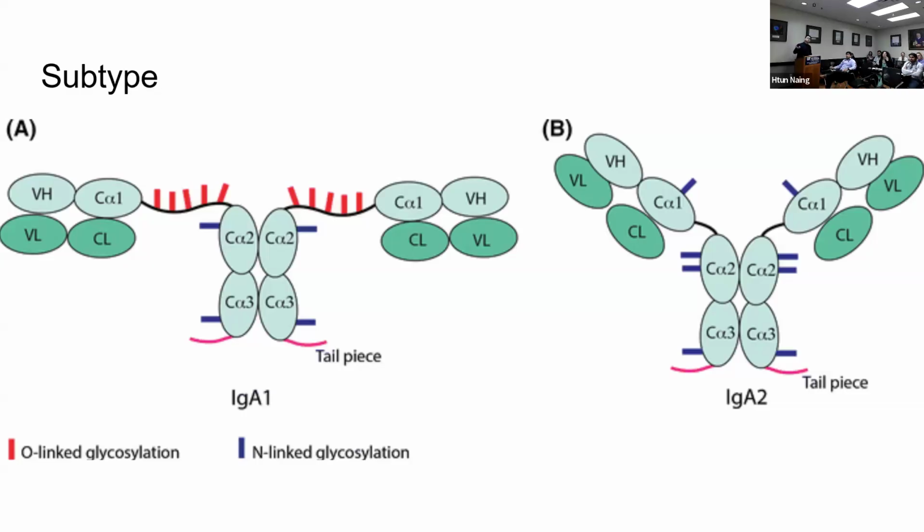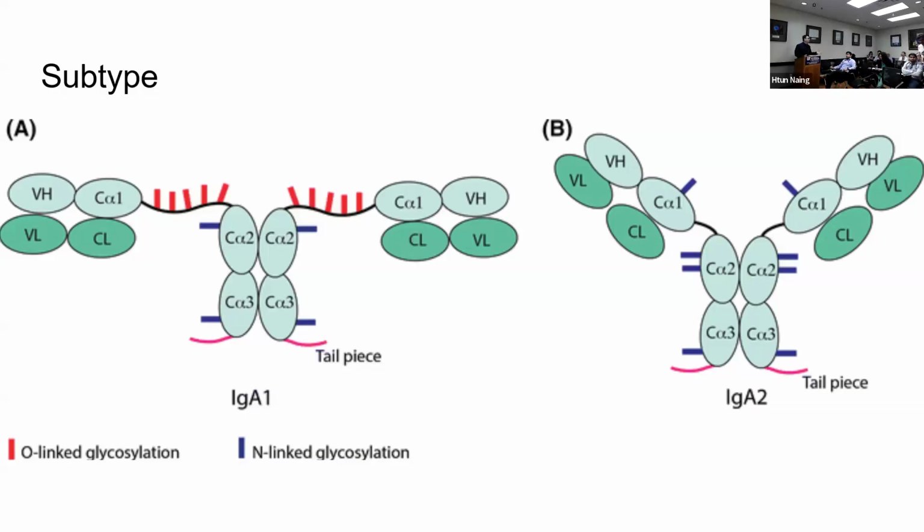Since it's more flexible, it's easy to catch more antigen, and then it stays in the circulation. Majority of the IgA1 is in the circulation.